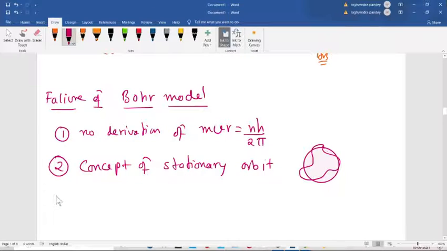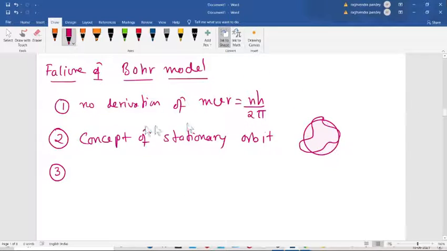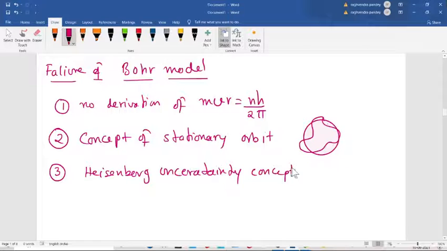Third failure is the Heisenberg uncertainty problem. The Heisenberg uncertainty concept doesn't fit in the electron orbit model.